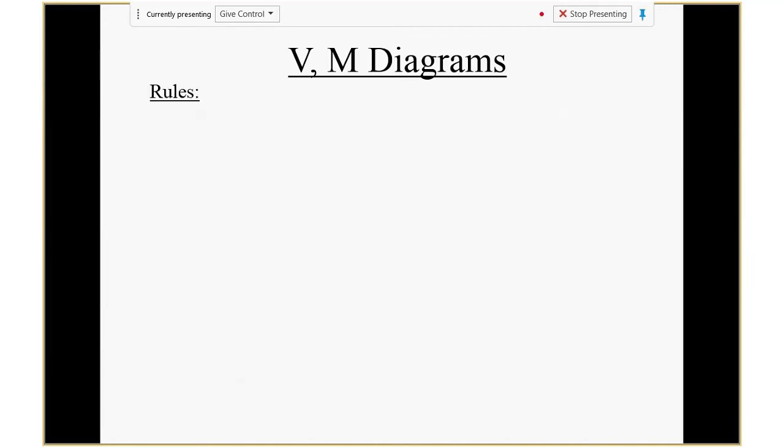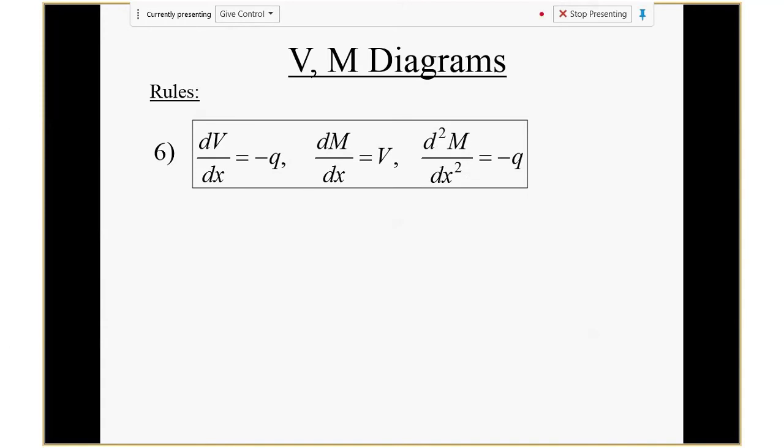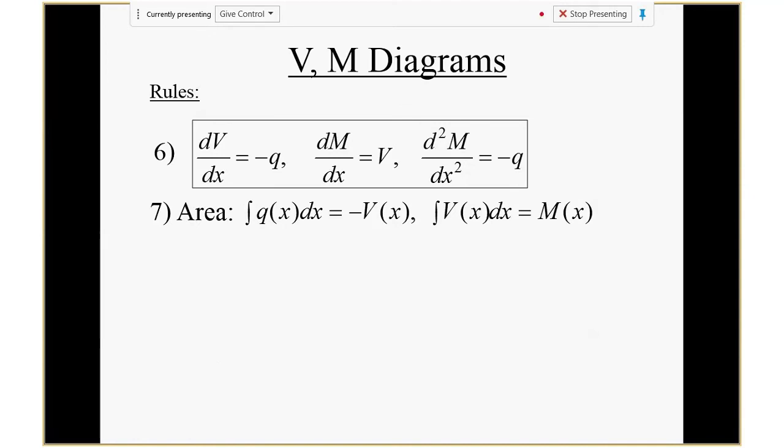And then practically we have this relation here. When you draw it, we don't really use it, but we use it to calculate some of the values. But we actually use this one a lot: the area of V between point A and point B equals how much the M changed.